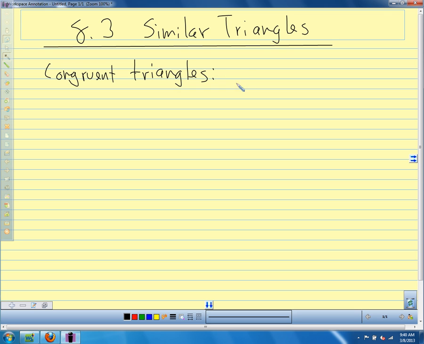Side, side, side was one. Side, angle, side was one. Angle, side, angle was one. It's not angle, angle, angle. Angle, angle, angle didn't work. Well, if we have two angles, we'd have angle, side, angle.